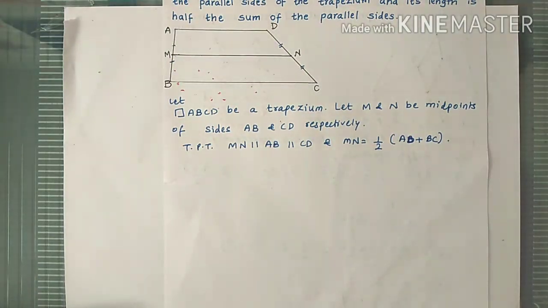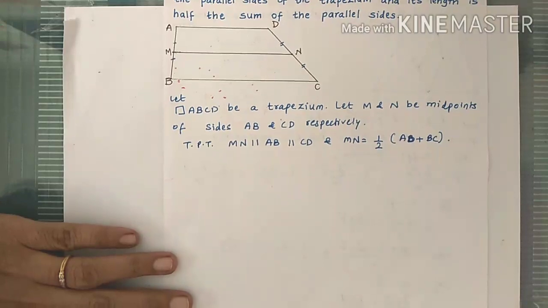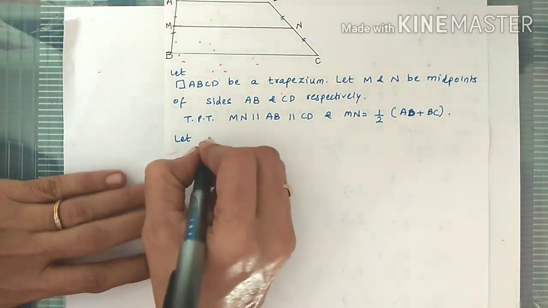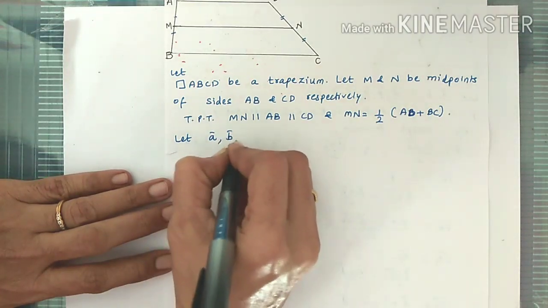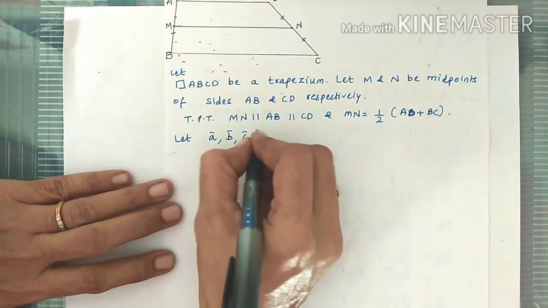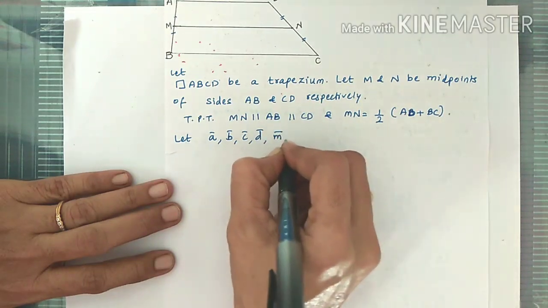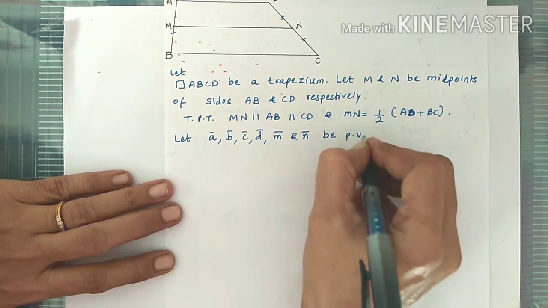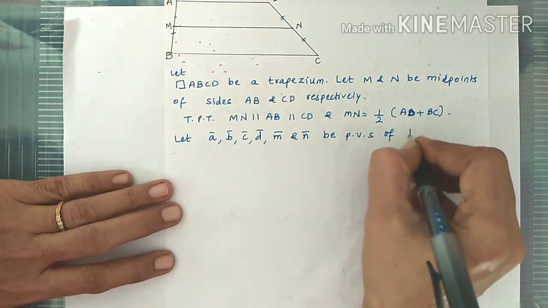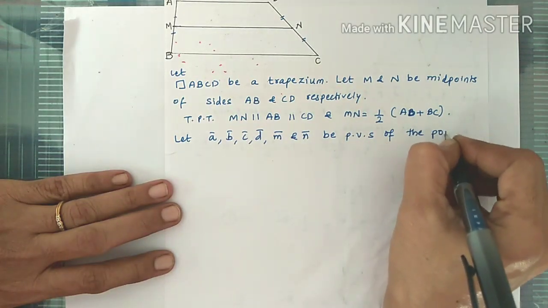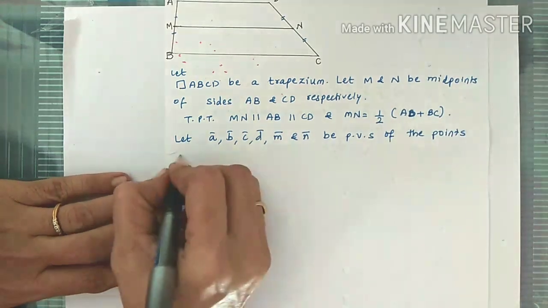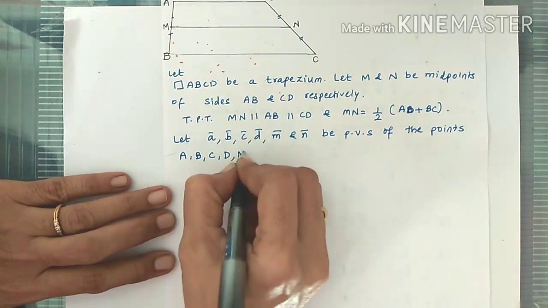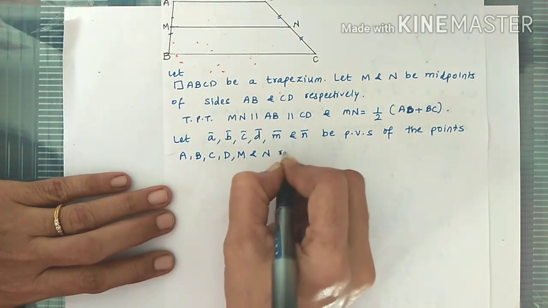So for that, let's take the position vectors of the vertices as A bar, B bar, C bar and D bar. So let A bar, B bar, C bar, D bar, and we have two more points M and N. So M bar and N bar be position vectors of the points A, B, C, D, M and N respectively.